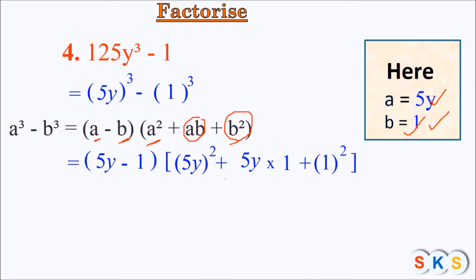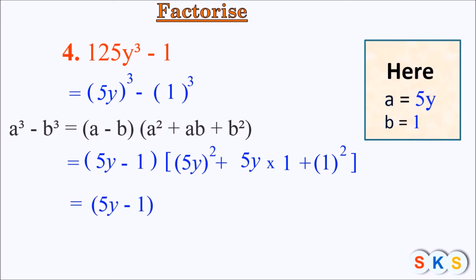After substituting the values of a and b, we will go for further simplification. So we will get here equal to, look at the first bracket, it has 5y minus 1 and it is already in simplest form. It cannot be simplified further, so we will copy this bracket as it is.